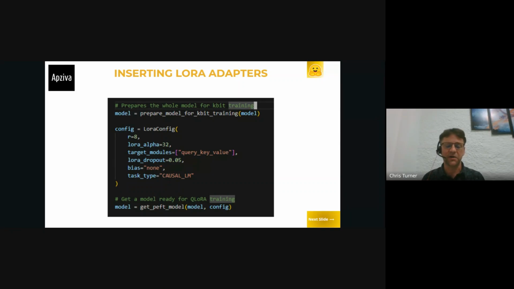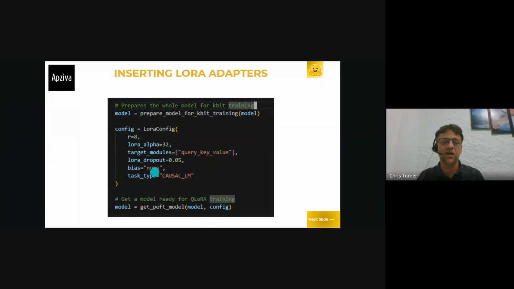So adding some dropout can help it to not overfit. Here we're setting the bias to none. So if you remember from the weighted calculations that we did in the forward pass, there was a bias value that gets added on the end. And here I've set it to none. So I assume this would set all of the bias values to 0. And then we set the task type. The base model that I downloaded was just a language model. And so we would set this task type to causal language model.